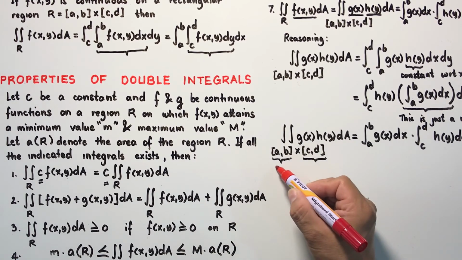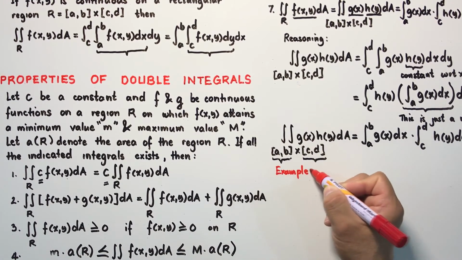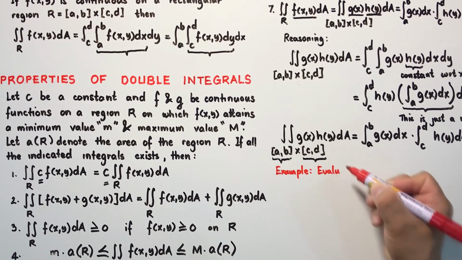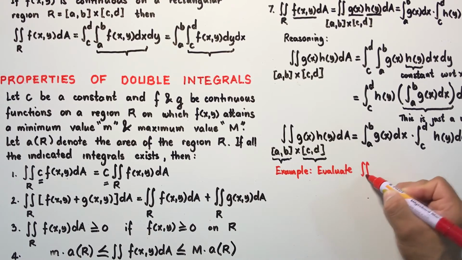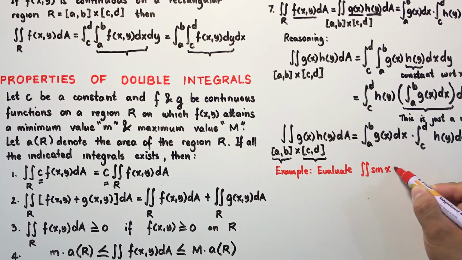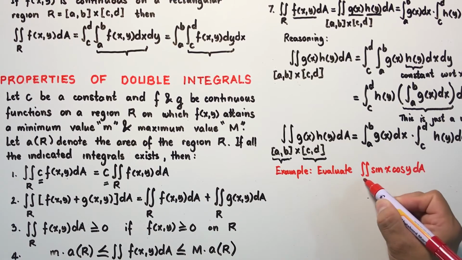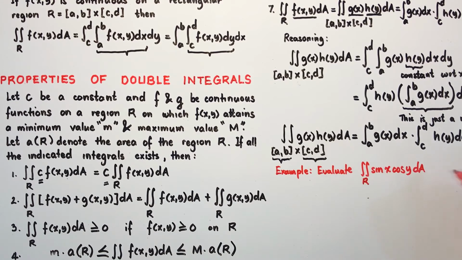And this can be illustrated with an example here. So suppose we want to evaluate the double integral of sine x cosine y with respect to a region R, where our R is the cross product from 0 to pi to 0 to pi over 2.